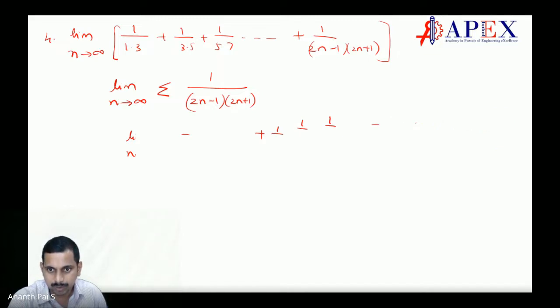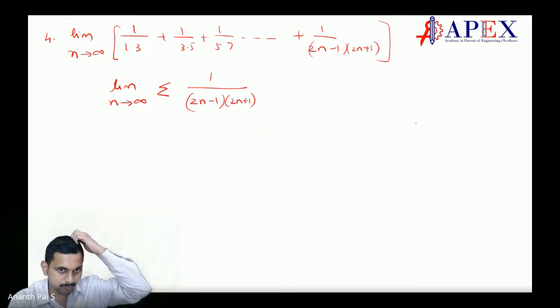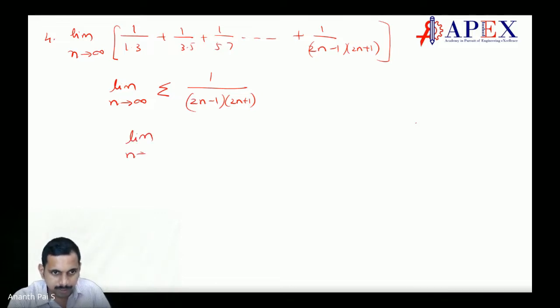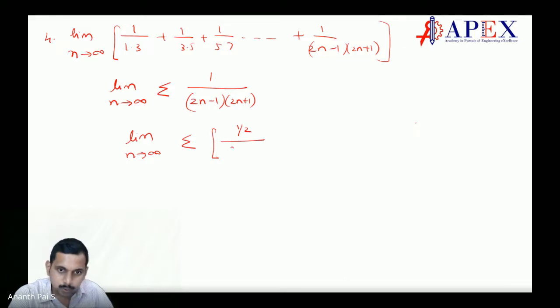It is not that it is wrong, whatever is written is not wrong. You don't have to erase what you have written if you have written; if you have not written, you don't have to worry. This one can be split into limit n tending to infinity sigma of, if I convert it into partial fractions, half into 1 by (2n minus 1) minus half into 1 by (2n plus 1).